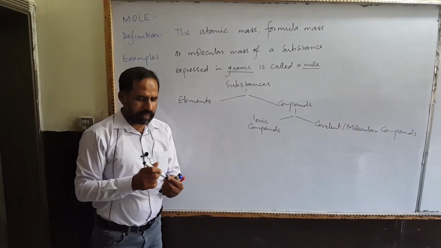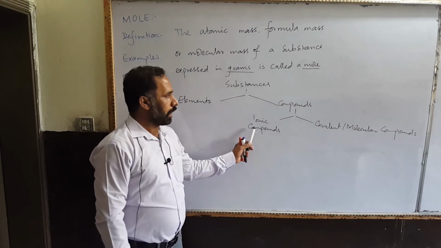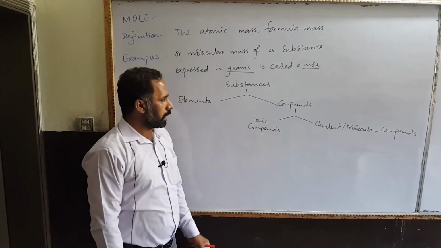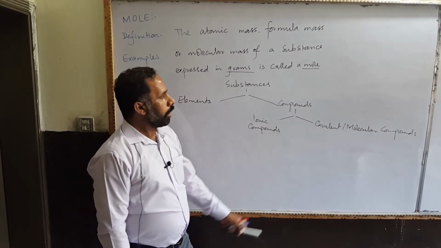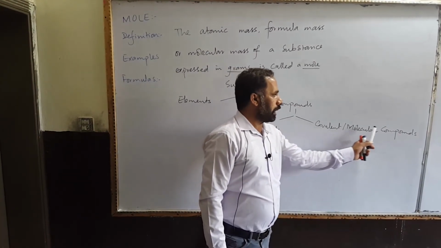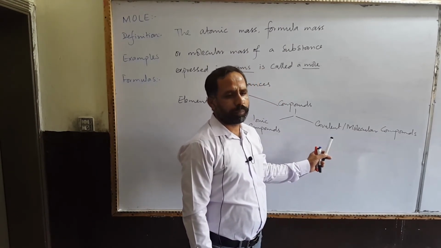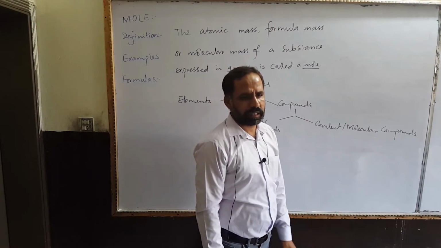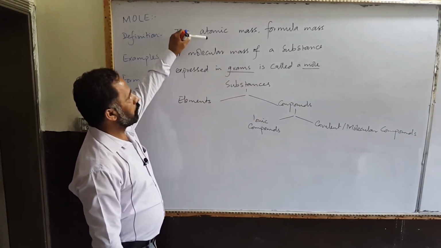Ionic compounds are the substances or compounds which have the ionic bond. The word indicates that these compounds can be ionized in the proper solvent. But the covalent or molecular compounds have the covalent bond and cannot be ionized in the proper solvent. Next, in the definition we discussed atomic mass.